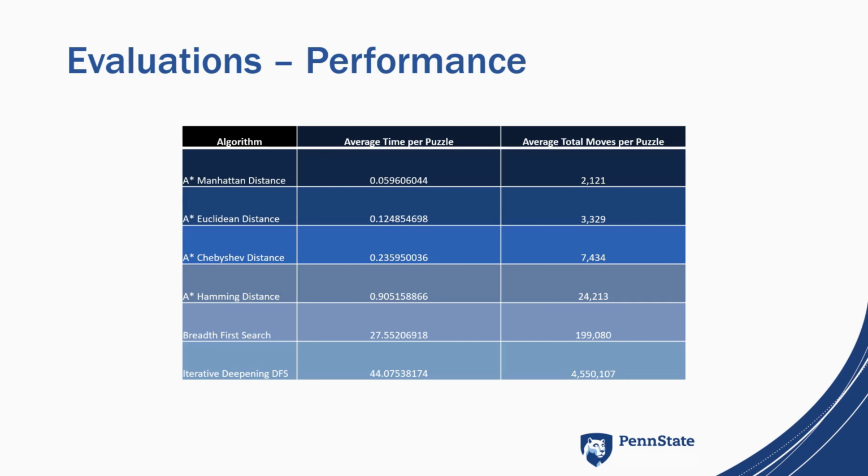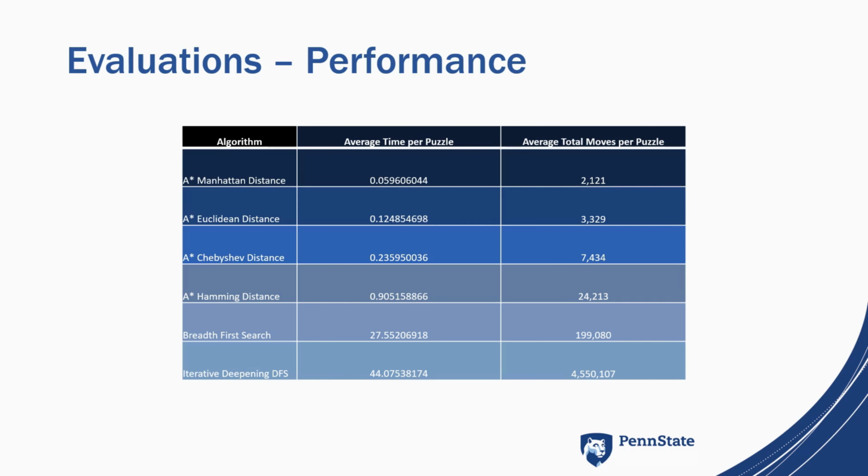This slide shows a table of the performance evaluation of the different algorithms, showing the average time taken per puzzle and the total moves required to solve the puzzle. Our performance evaluations show that A star with the Manhattan distance heuristic outperformed all the other algorithms in both time and number of moves.